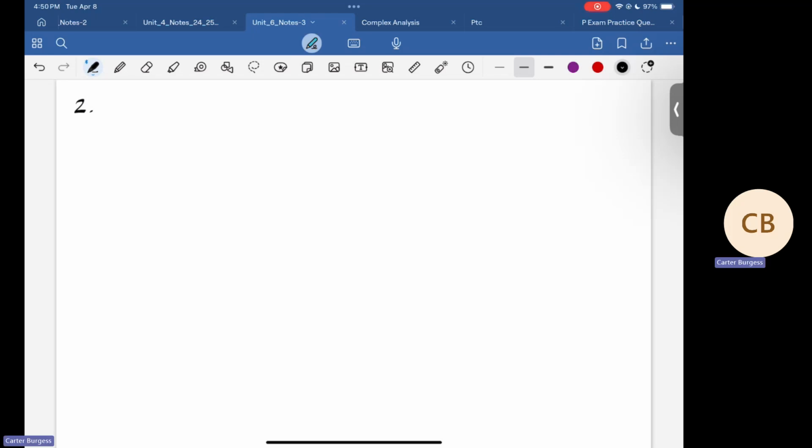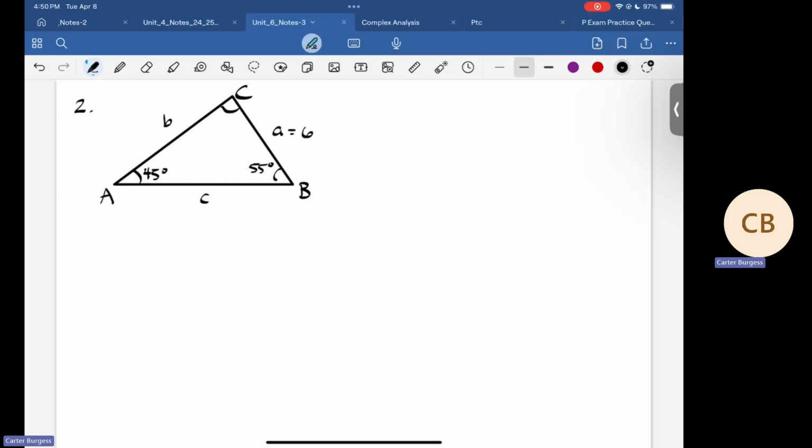In this case, we are given the following triangle where we are told that this angle here, this is A, B, C. This angle here is 45 degrees. This angle here is 55 degrees. Missing this angle here, and we're told that A is equal to 6. And we are trying to find the rest of this information. We're trying to find B, trying to find C, we're trying to find angle C.